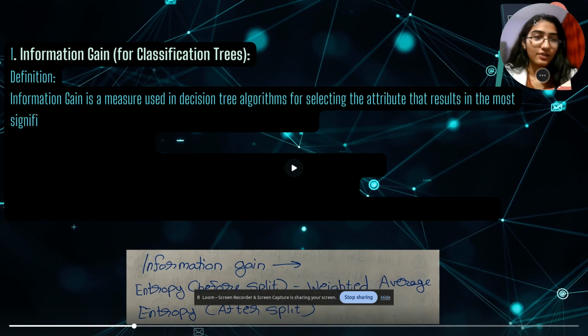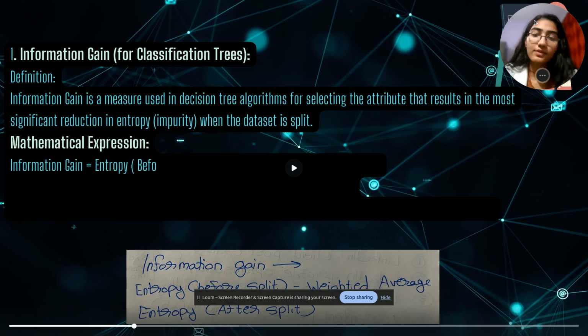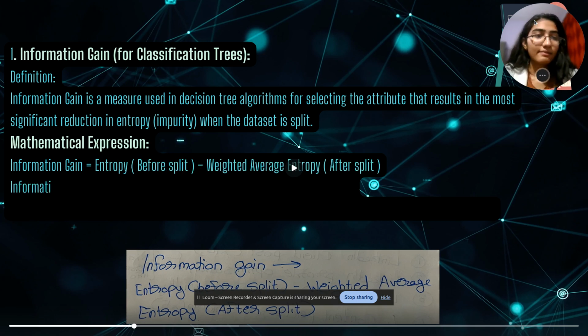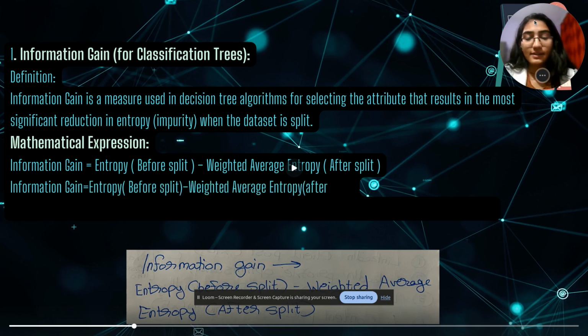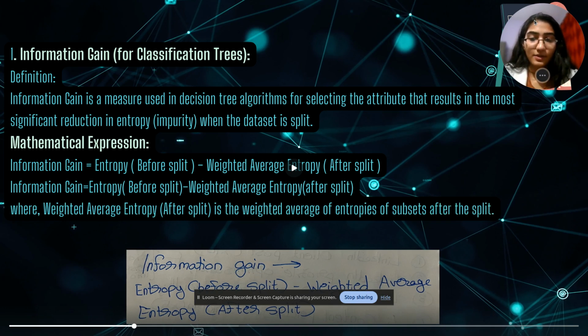The definition of information gain is that it is a measure used in decision tree algorithms for selecting an attribute that results in the most significant reduction in entropy. Entropy means randomness or impurity when a data set is split. So the mathematical expression is information gain equals entropy before split minus weighted average entropy after split.